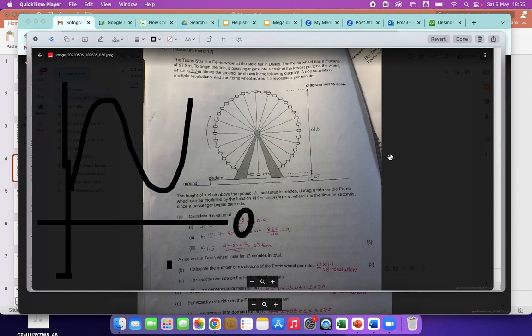So if we look at the picture, it's really quite easy to see. We are going to be having a look at half of 61.8 plus the 2.7, and that would give you the midpoint of the particular graph. So that's going to be 30.9 plus 2.7.